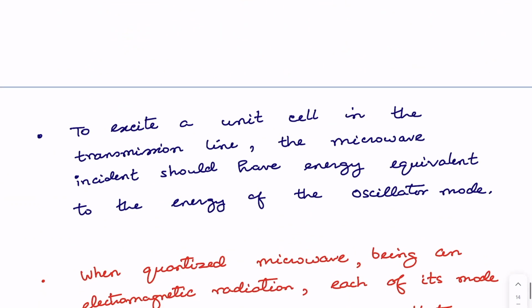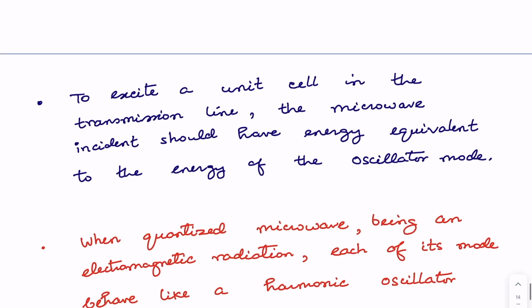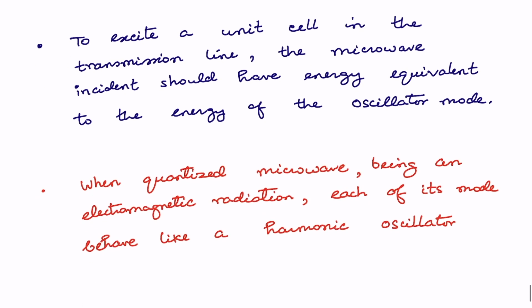This implies that to excite a unit cell in the transmission line, the microwave that is incident on the transmission line should have energy equal to the resonant frequency of the LC oscillator. And you know that when quantized, microwave, which is an electromagnetic radiation, as we have already done the quantization of electromagnetic radiation, even in the case of the microwave, each of its modes must behave like a harmonic oscillator.